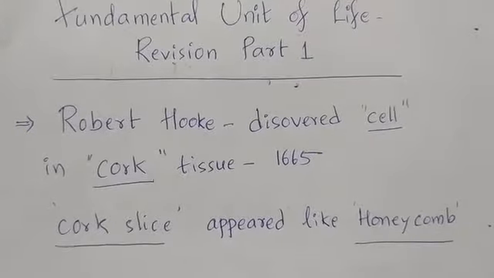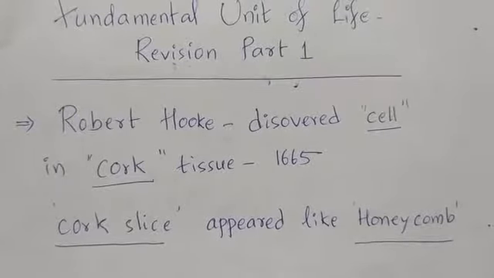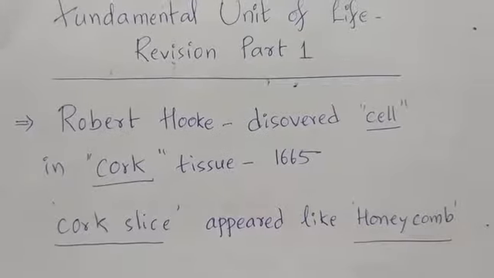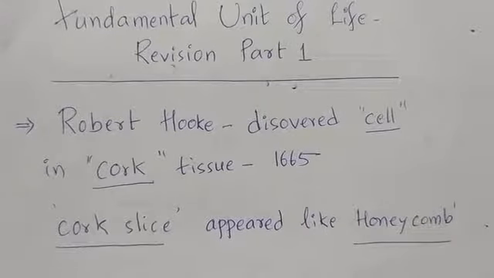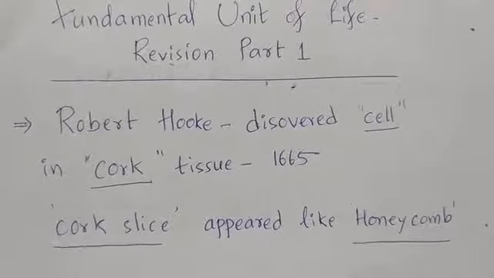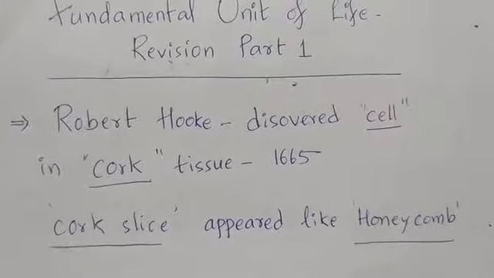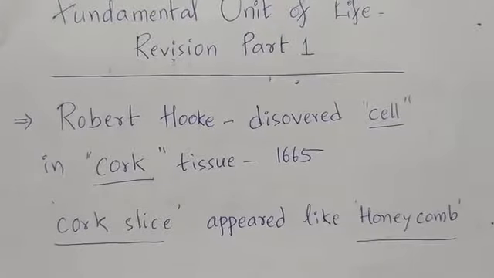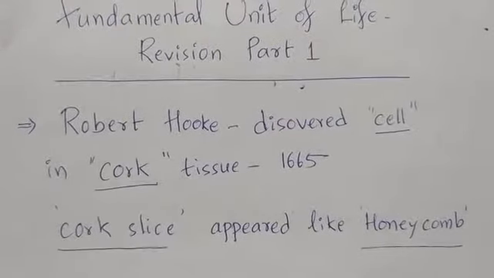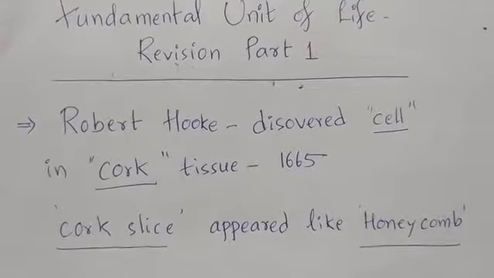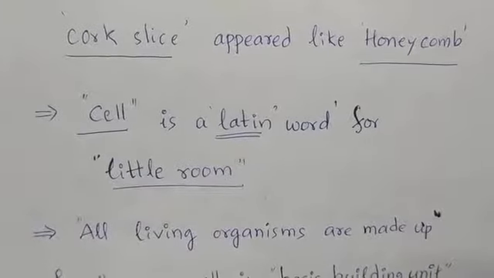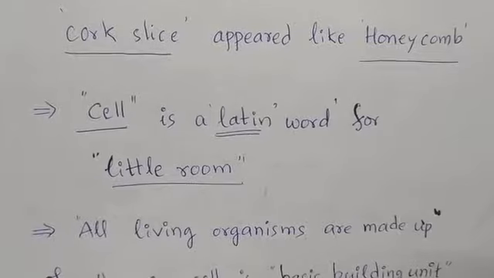Robert Hooke was a scientist who discovered the cell for the first time from a cork slice in the year 1665 using his primitive microscope. And this cork slice appeared like a honeycomb. In a honeycomb, you might have seen many small compartments or rooms.